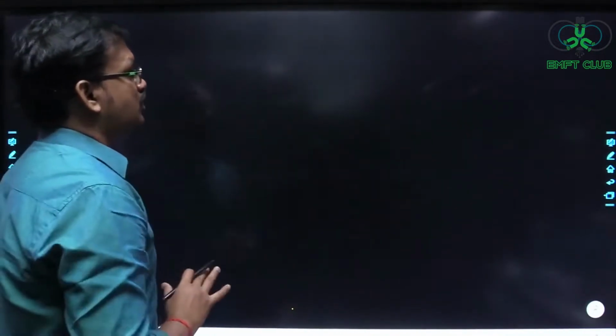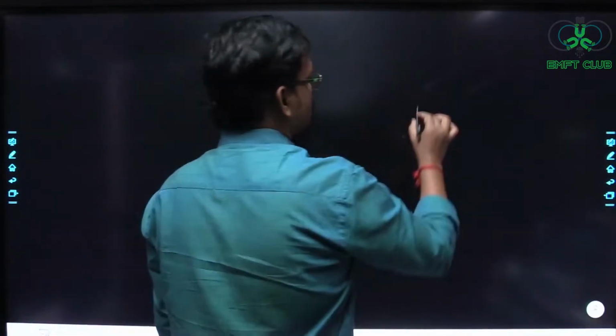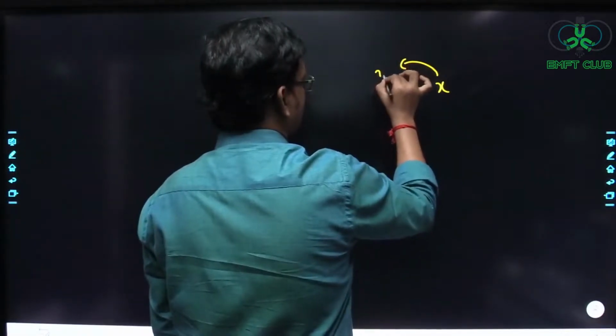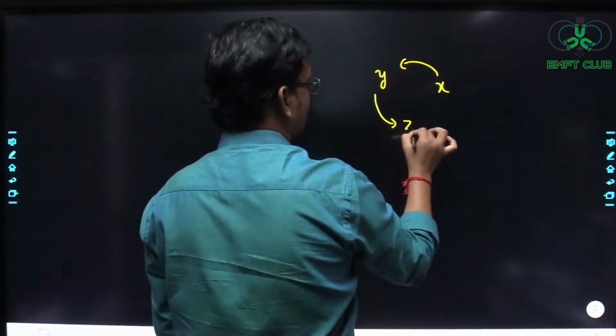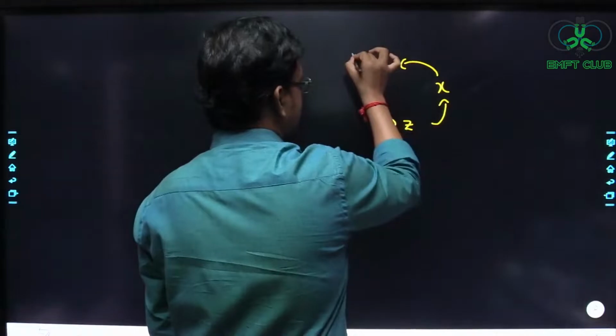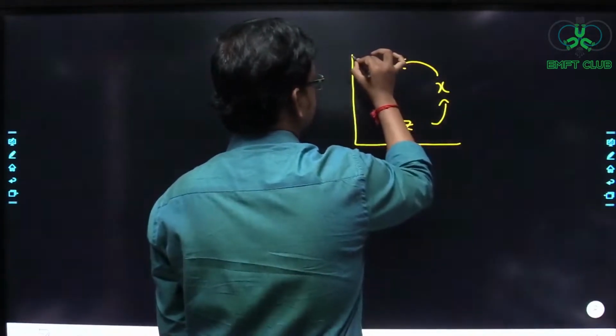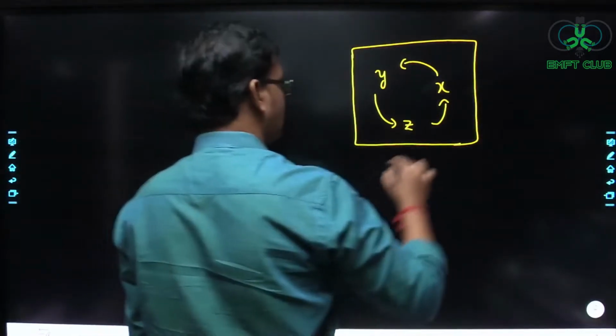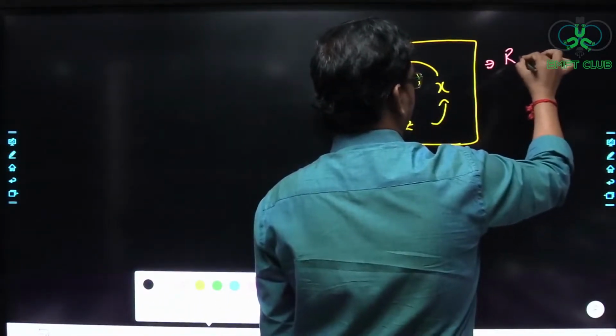That's what I am going to explain here. Just draw a box like this with x, y and z. It is just a box, not a table. I am calling this the right hand convention.